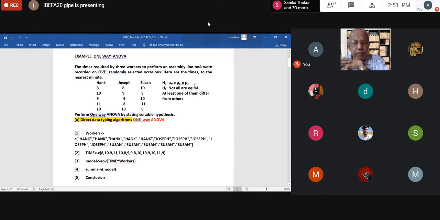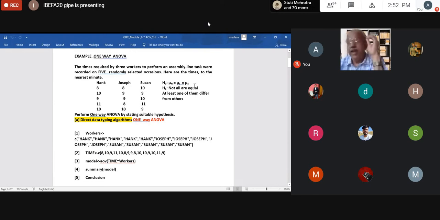So testing of hypothesis on more than 2 parameters is called ANOVA technique. ANOVA technique is a statistical procedure that helps to compare more than 2 independent parameters.